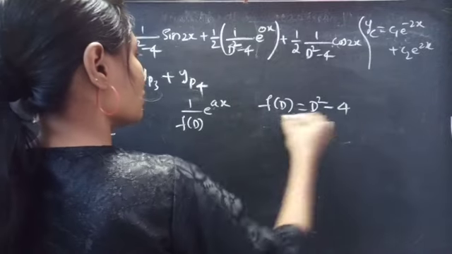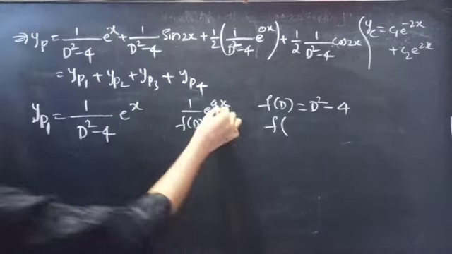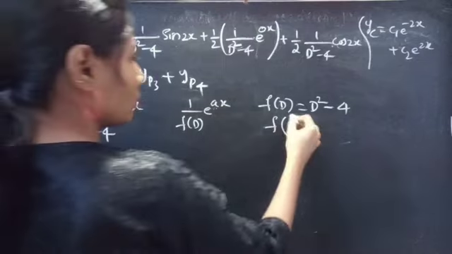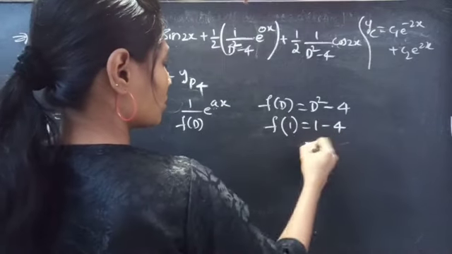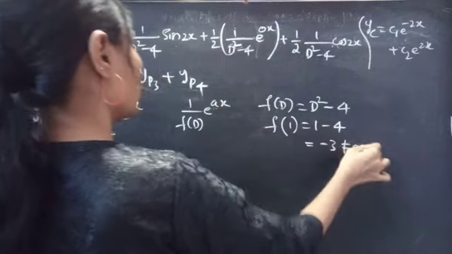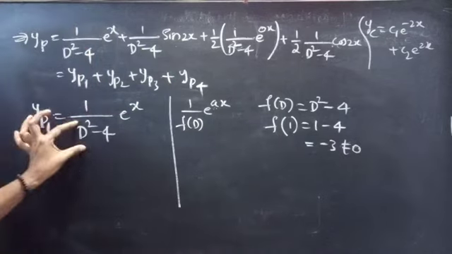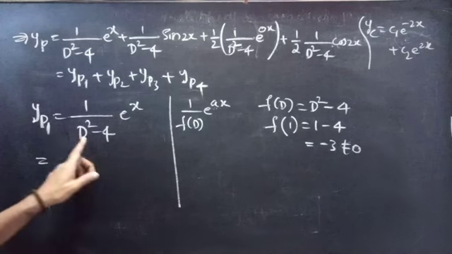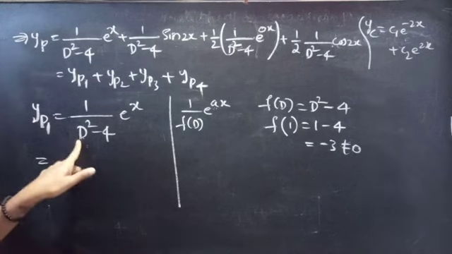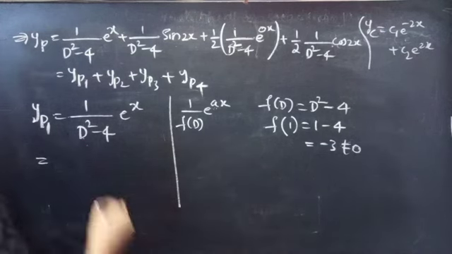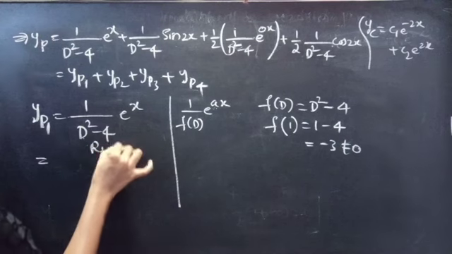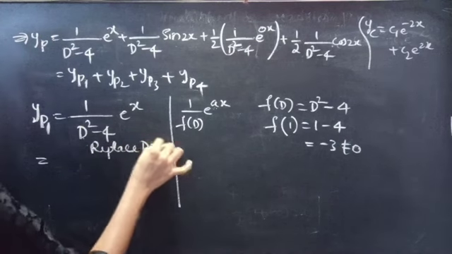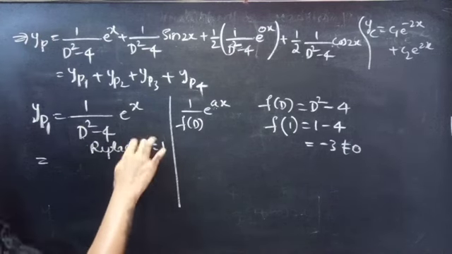Now let's see what happens if we replace D by a, for a equals 1. 1 square minus 4 equals minus 3, non-zero. The denominator must be non-zero, right? So let's replace D by 1, since if we replace D by 1, we get minus 3, which is non-zero.